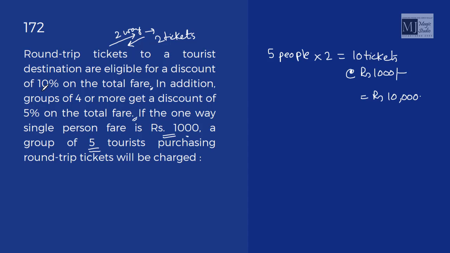Now, they are eligible for 10% discount because they have purchased round trip tickets. They are eligible for 5 more percent additional discount because they are a group of 5, which is more than 4. So total discount is 15% on the total fare, that is 1500. They would be paying 8500.